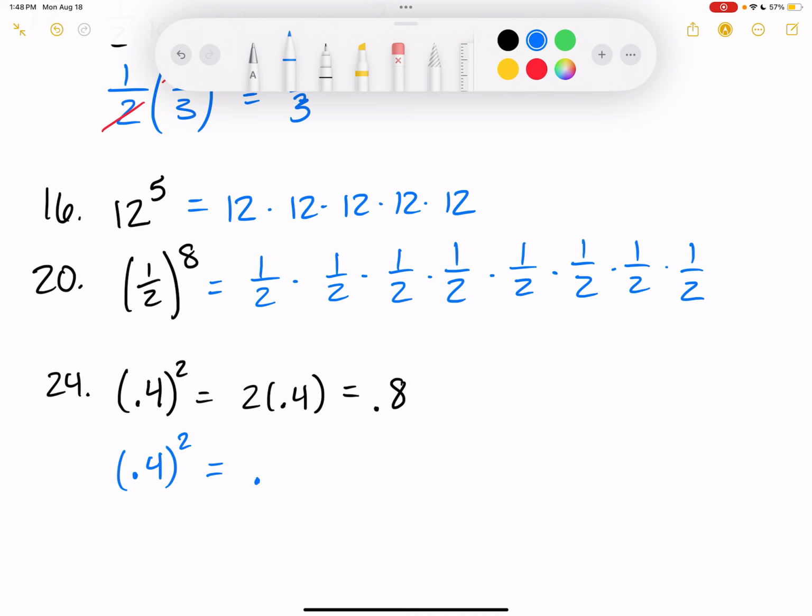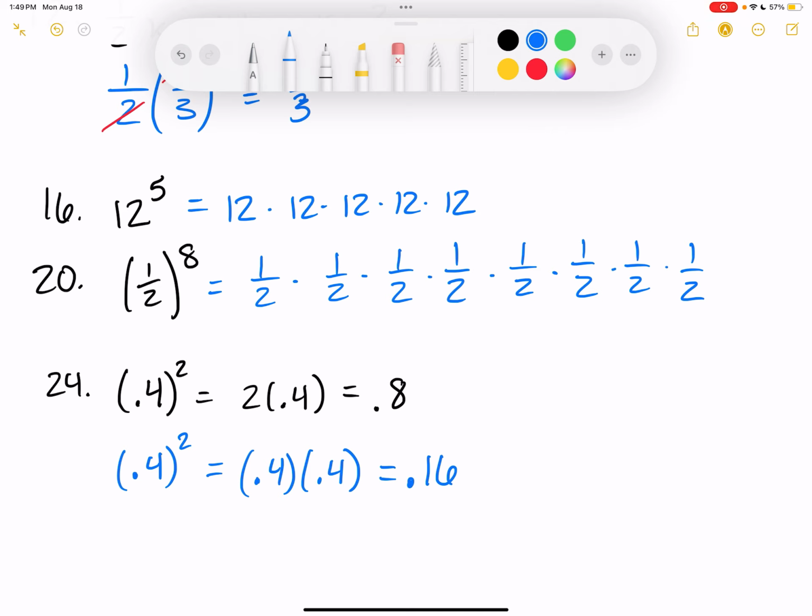Yep, 0.4 times 0.4. And so then what would that be equal to? 0.16. 4 times 4 is 16. Move the decimal place twice.